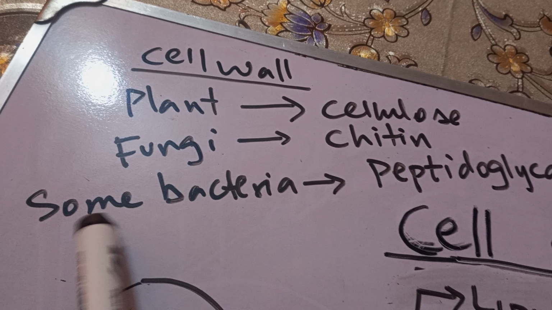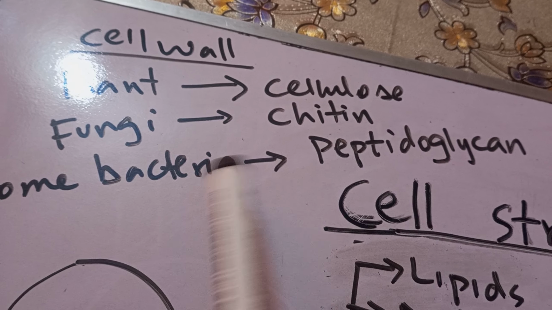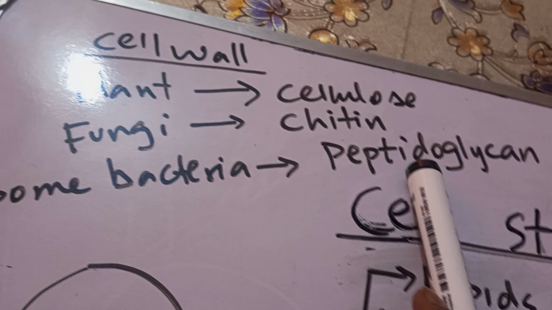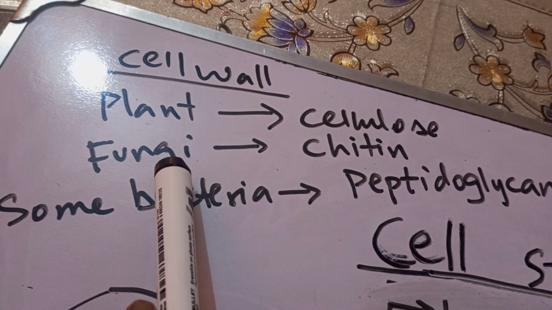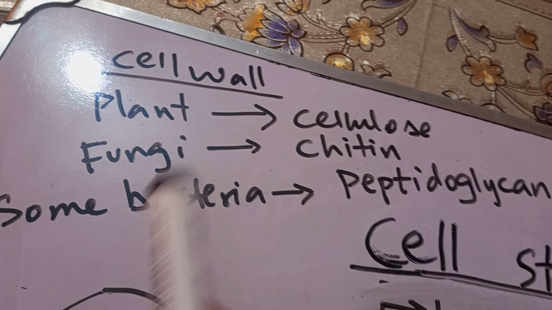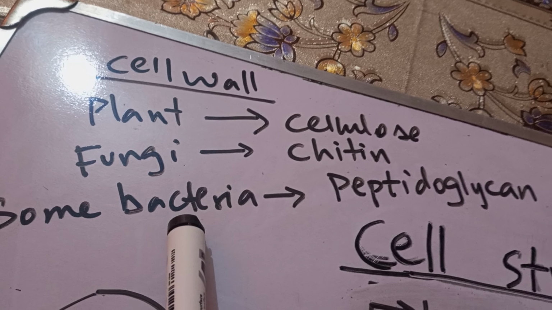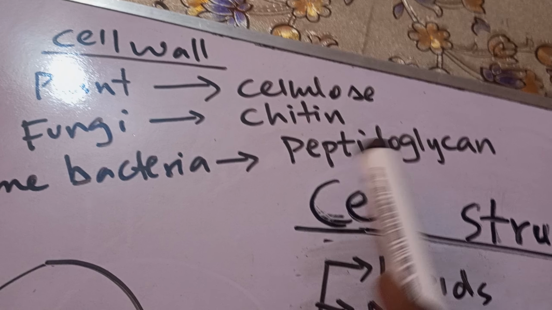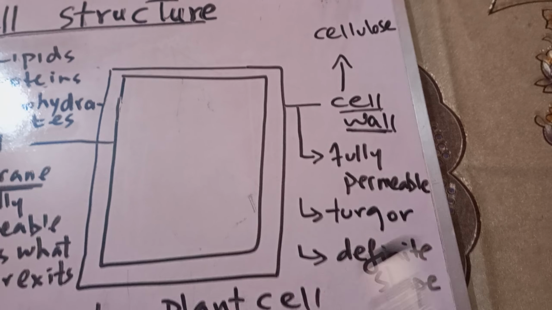Some bacteria also possess a cell wall, but it is made up of yet another chemical named peptidoglycan. So please remember, the cell wall in plants is made up of cellulose, in fungi it is made up of chitin, and in bacteria it is made up of peptidoglycan. But right now we are talking about the plant cell.